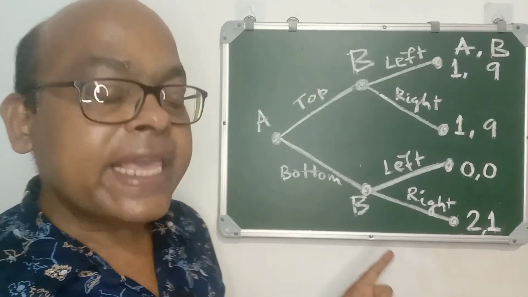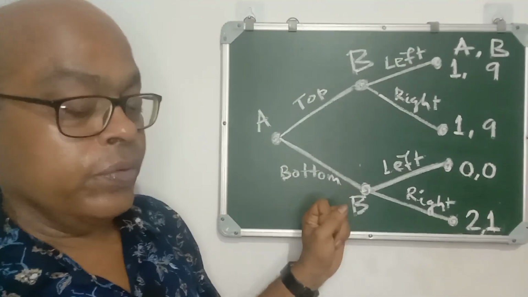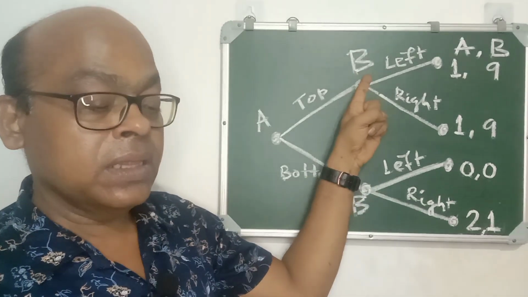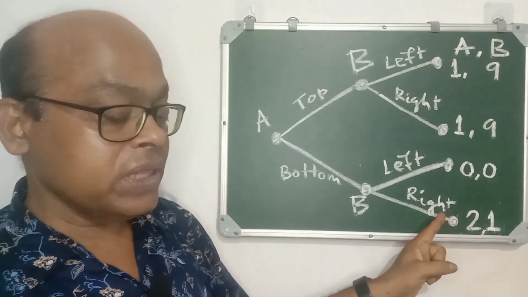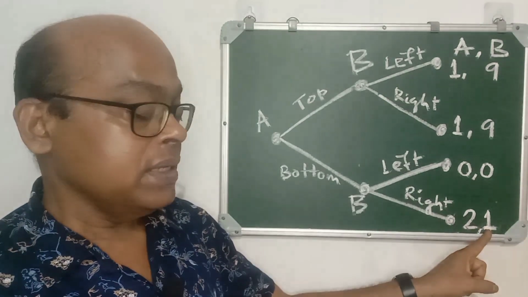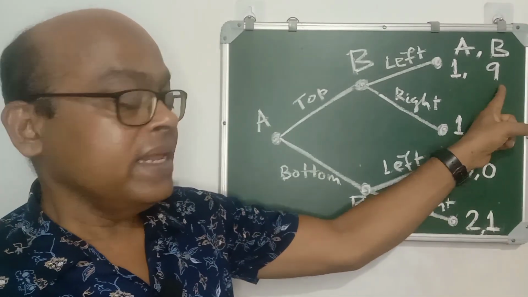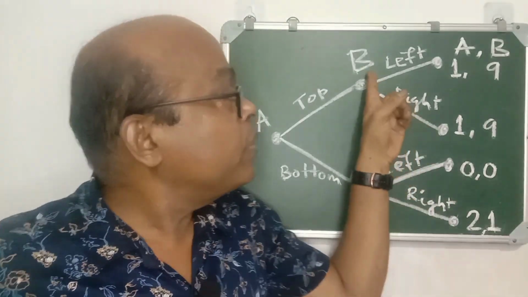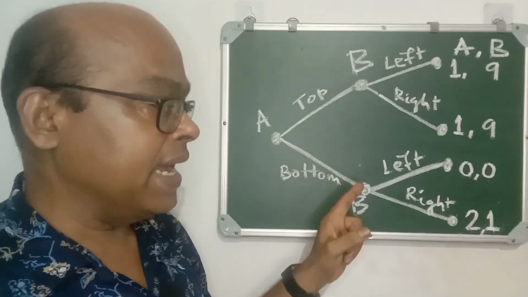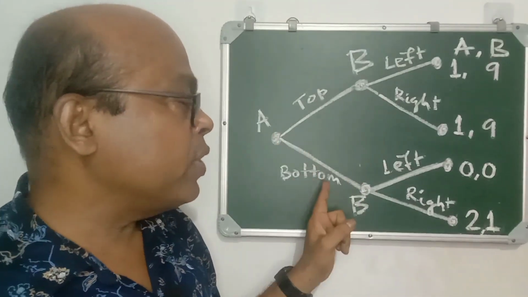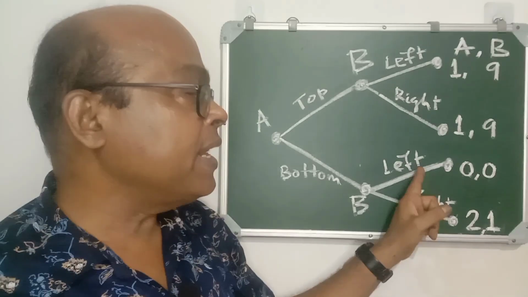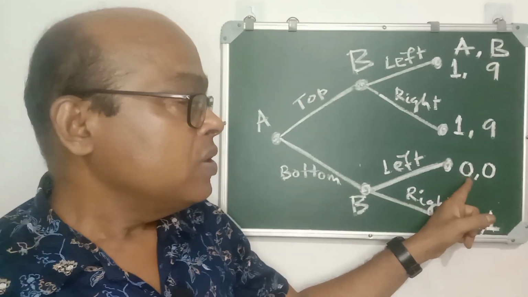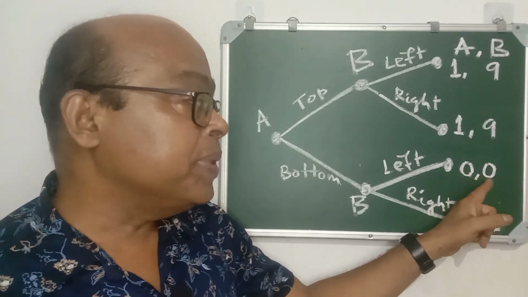Let us think about player B's point of view. It is unfortunate for B that he will end up with the pair of 1, then 9. So what shall he do? In this case, player B will give a threat to A that if player A plays bottom, B will play left, so that A will get 0 and B will also get 0.